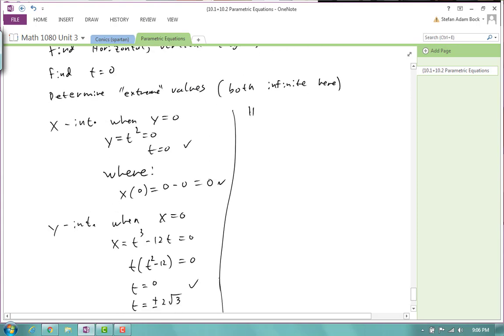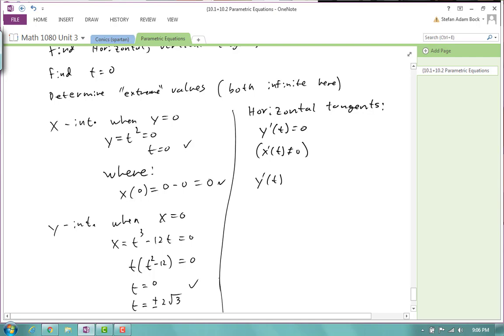Let's find horizontal tangents. That's when y prime of t is equal to 0 and x prime of t must not be 0.